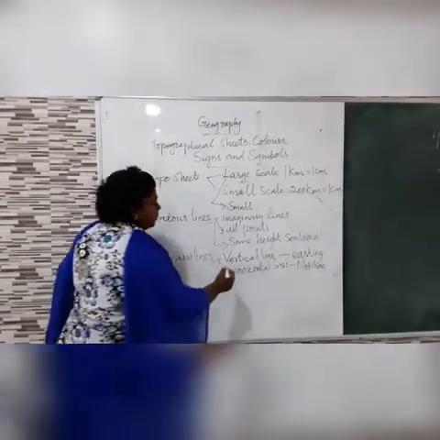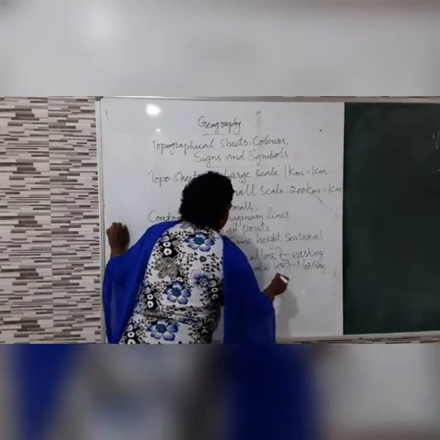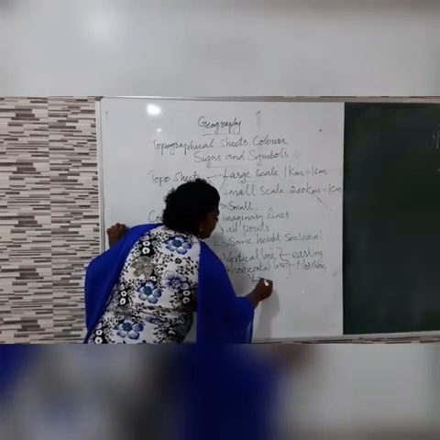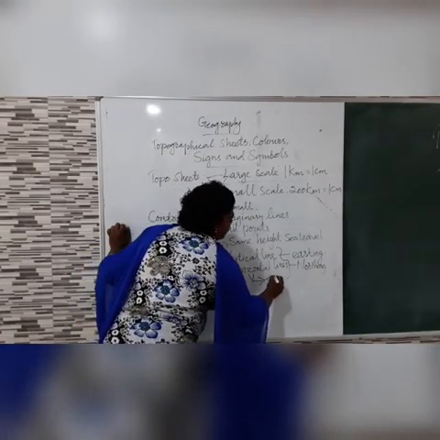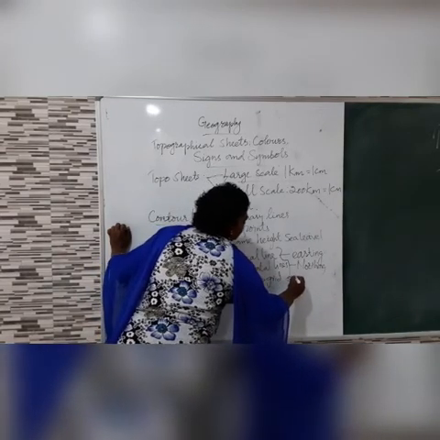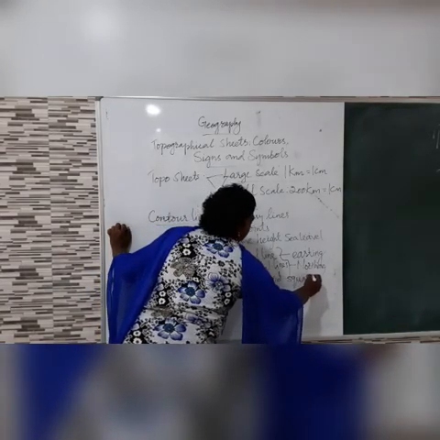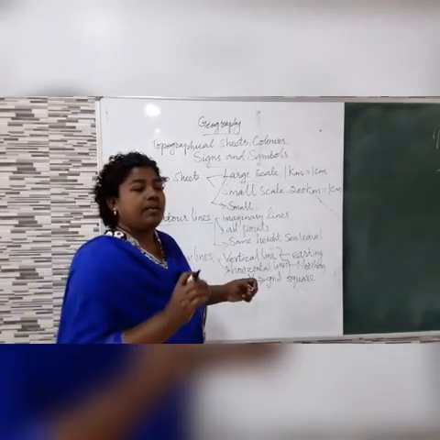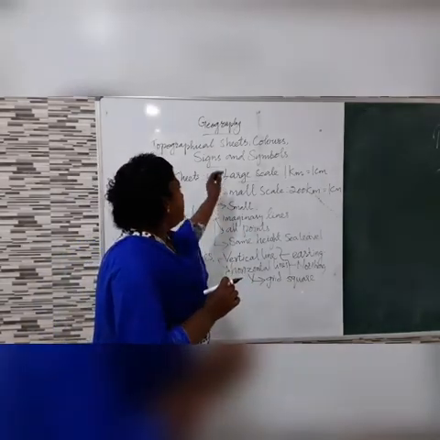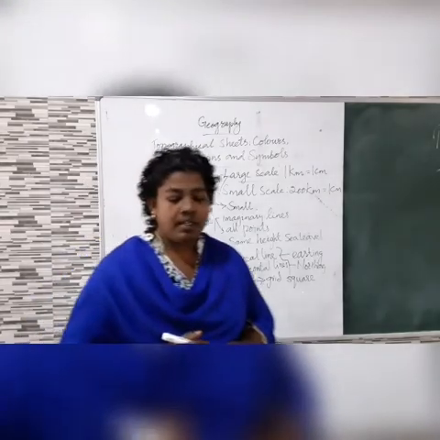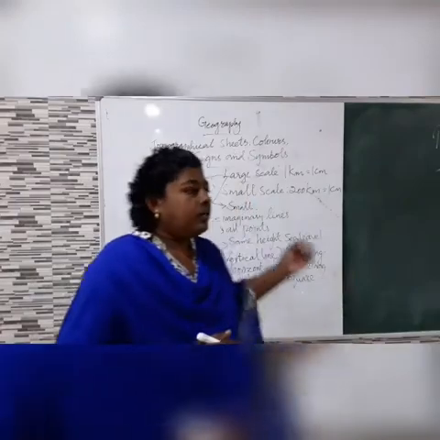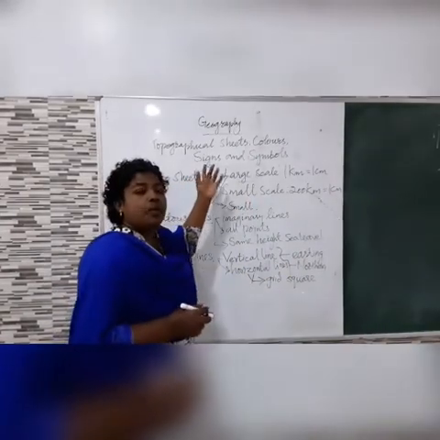Now both these vertical and horizontal lines together form a grid square, which helps to point out the places, even small areas in the topo sheets. Did you understand, children? Now, what do these topographical sheets provide?